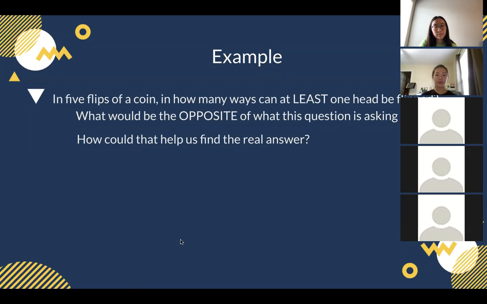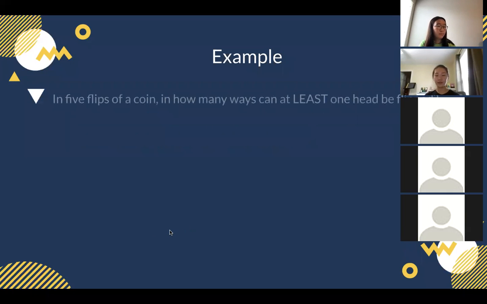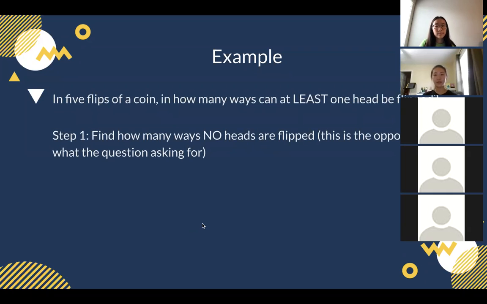Something you can count and then subtract from the total so that you get at least one head. We're finding something that does not fit the criteria of at least one head. So yeah, what you're saying, Charles, 5 tails, which would be just no heads at all. So that would be the opposite thing we would count in this situation.